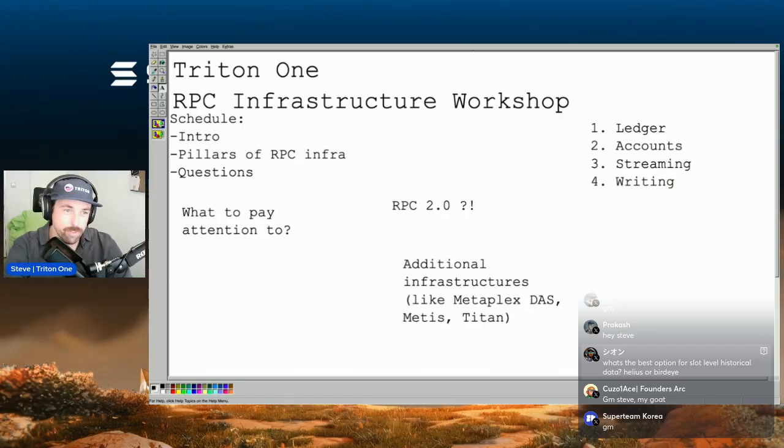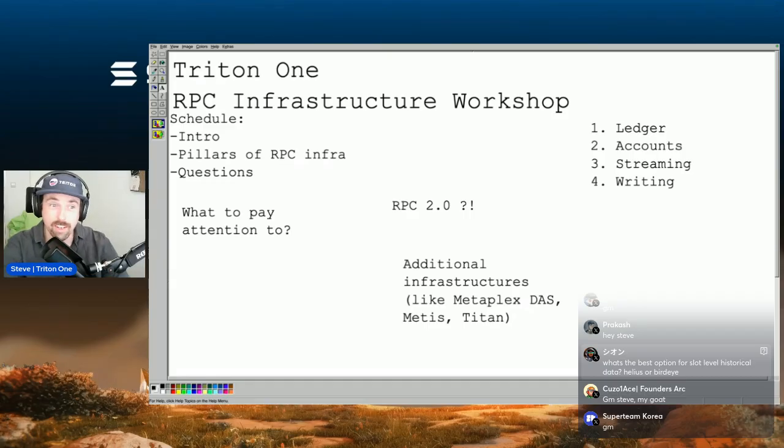For reference, if you want a dedicated streaming node at Triton One, it's going to cost you $2,900 per month. For that money, you get a Generation 4 bare metal EPYC AMD 32 core processor with 768 gigabytes of RAM and all other goodness. So yeah, this is quite costly.